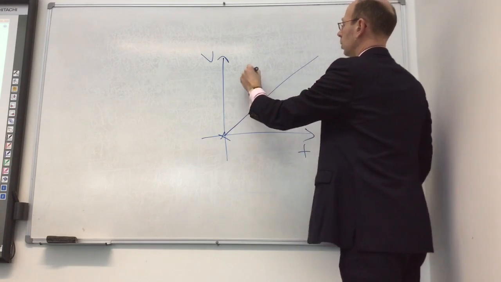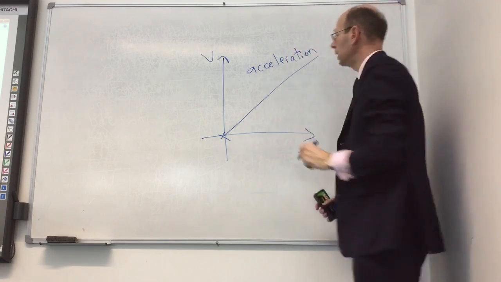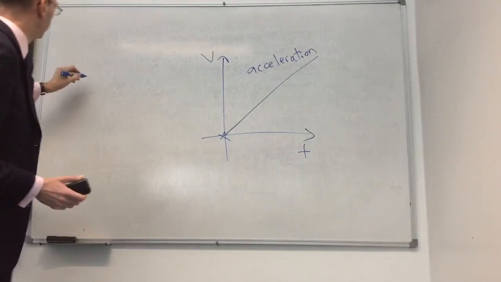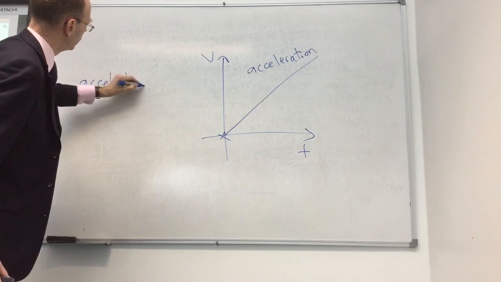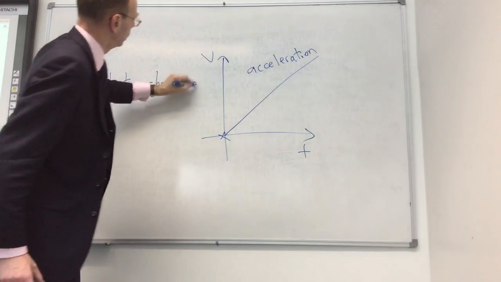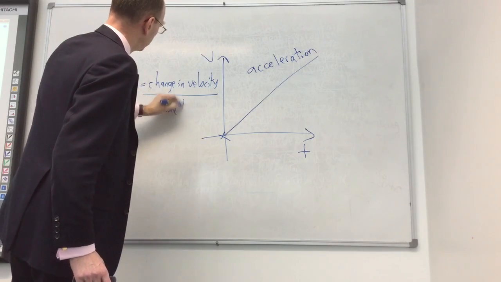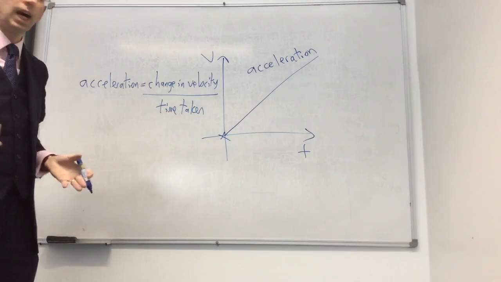So that is what we call acceleration, getting a bigger and bigger speed as time goes by. The formula for acceleration is the change in your velocity divided by the time taken to change. So it's a measure of how quickly you're speeding up.